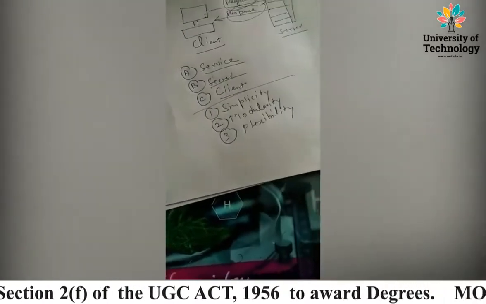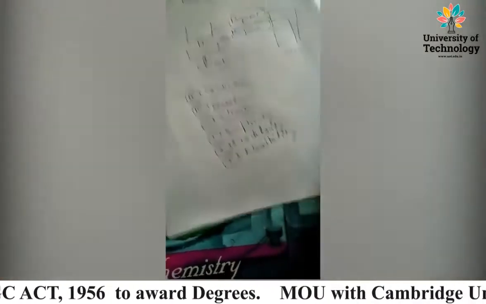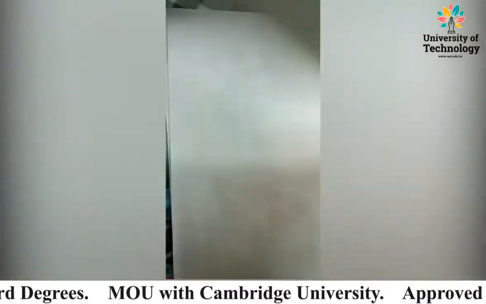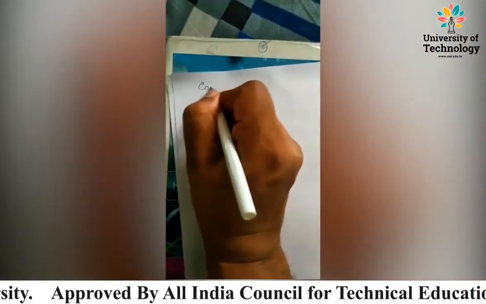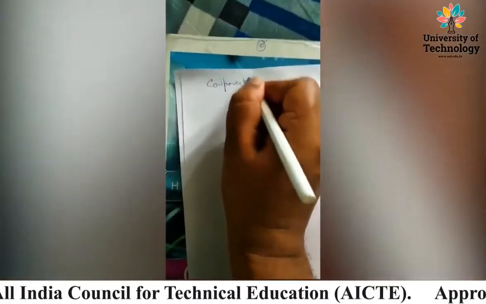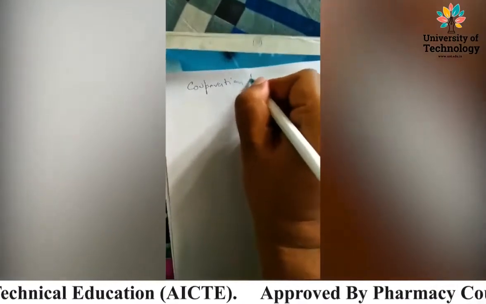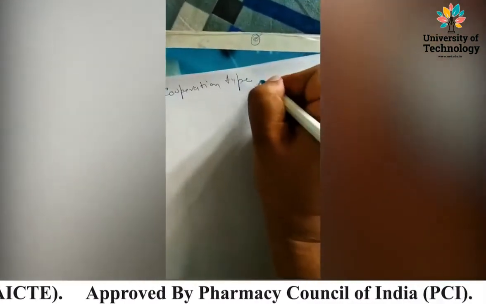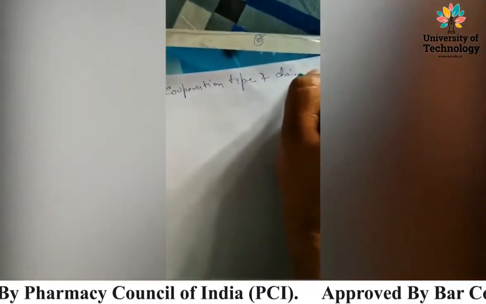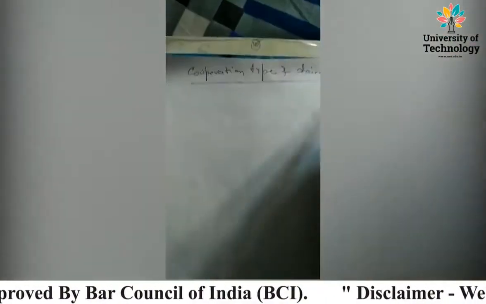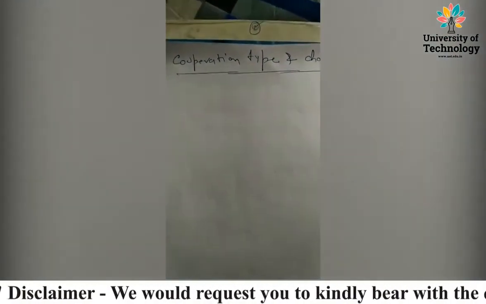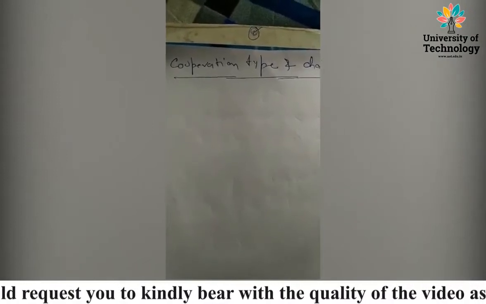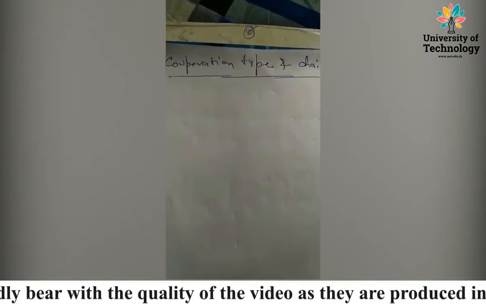Now we will discuss cooperation type and chained server. A system with one server and one client is not able to provide high-performance, reliable, and cost-effective services to users.